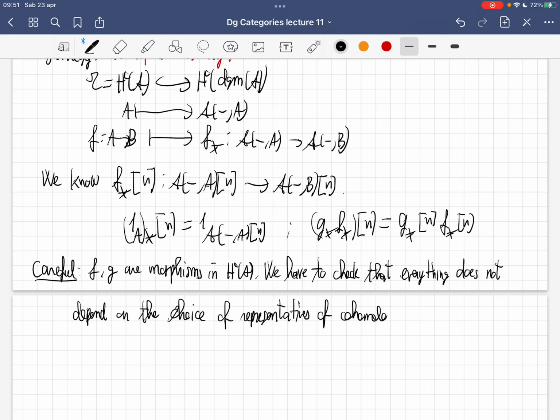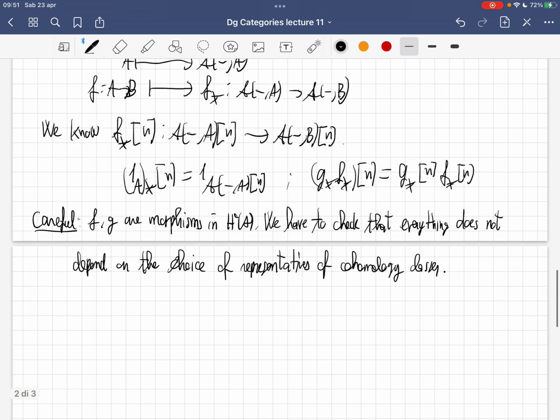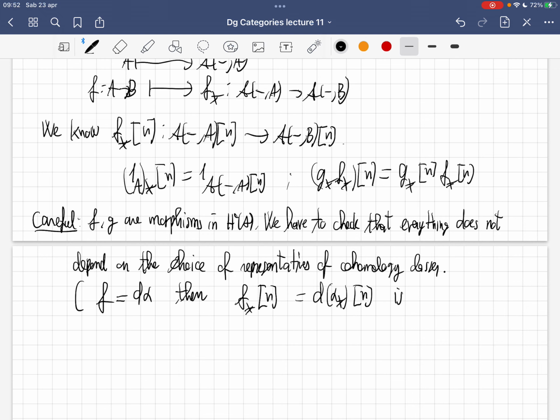Think, if you have cohomology classes, you may want to prove, for example, that if f is some d alpha, then f star of n, which is again d alpha star of n, is still a coboundary.